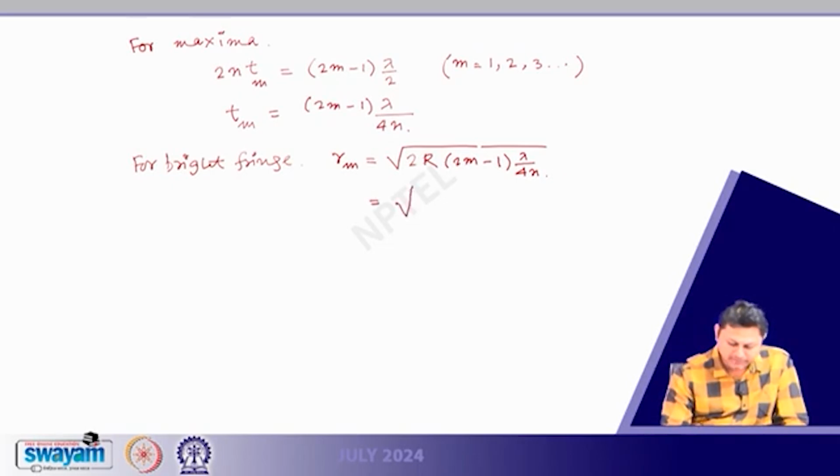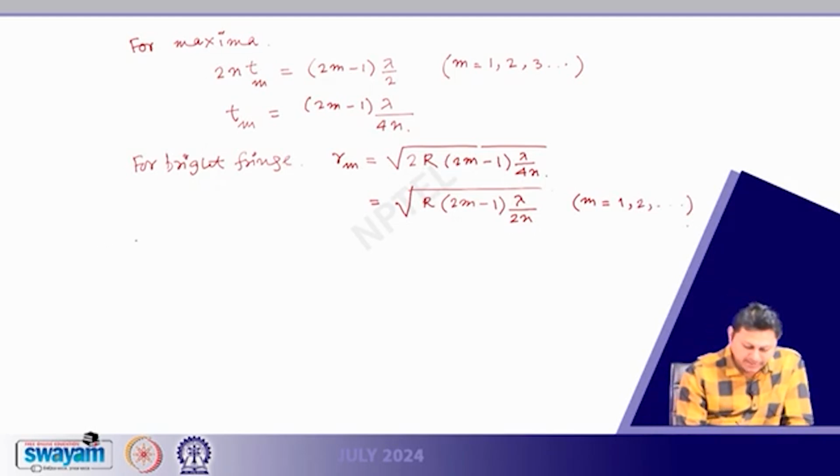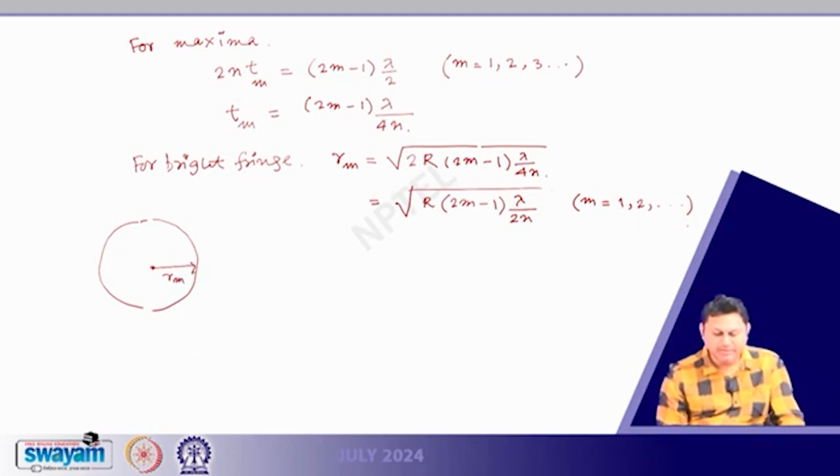I can simplify it: Rm equals root over R (2m minus 1) lambda divided by 2n, where m is an integer taking the value 1, 2, etc. So suppose we have a bright fringe here in Newton's rings, and I am calculating the value of Rm of that bright fringe.